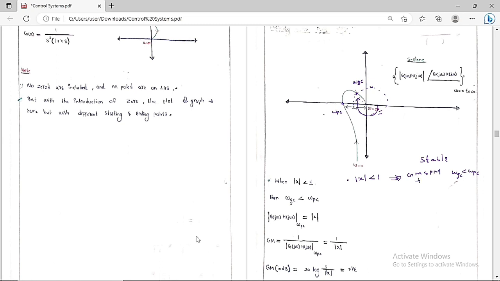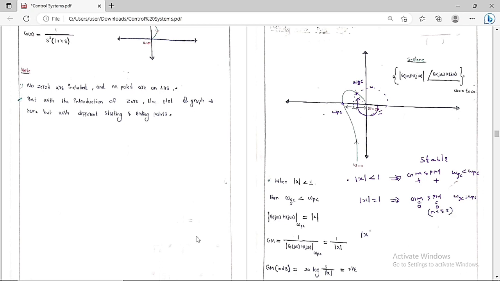So both are positive. Suppose mod X is equal to 1, then the gain margin is equal to 0, the phase margin is also equal to 0, the gain crossover frequency is equal to the phase crossover frequency, and the system is said to be a marginally stable system.